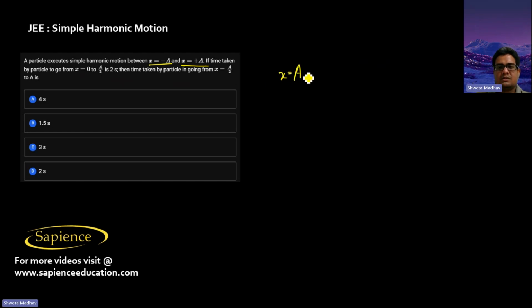Suppose I assume that the equation of motion of the system is a sine omega t. So at t equal to 0, it is at x equal to 0, and it will come to a by 2 at some time. A will cancel. So omega t should be equal to pi by 6, since sine theta is half.